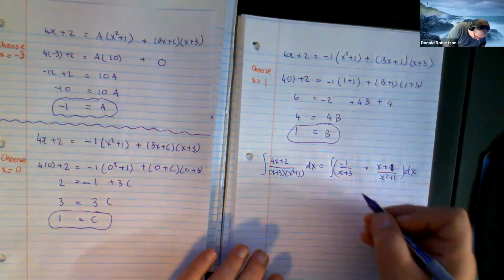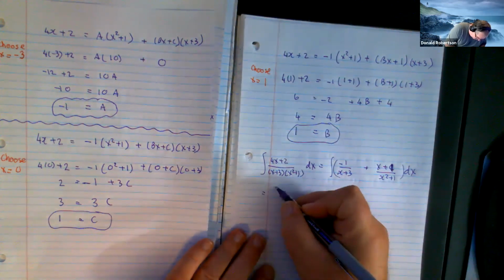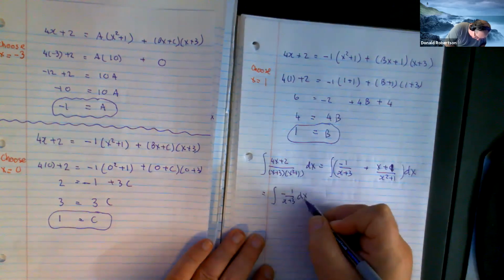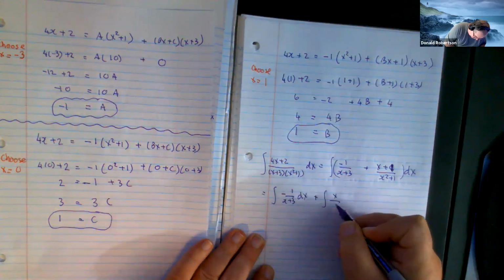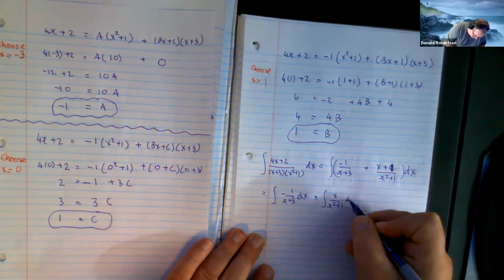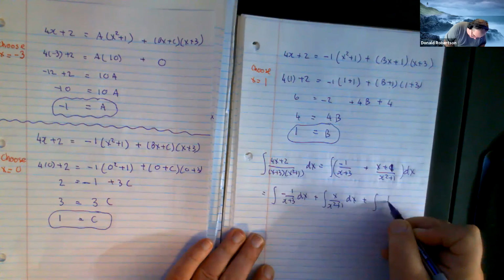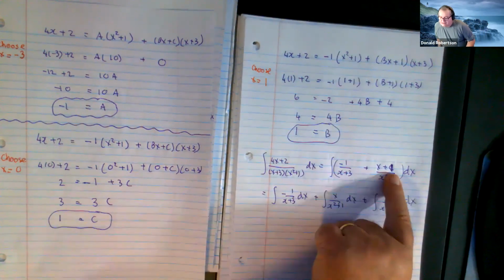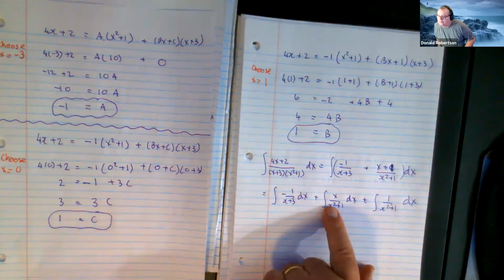Now, what you should typically do next is split the integral into 3 pieces. In particular, this guy here has been separated out.